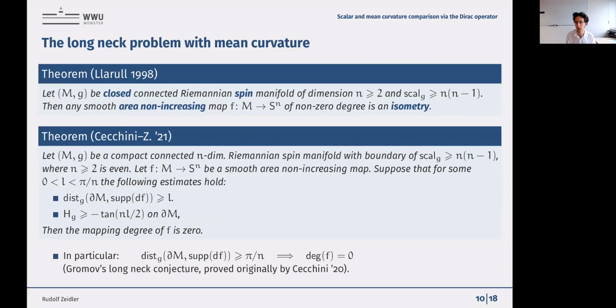Yeah, and this is actually what we're going to assume here implicitly in the following sense. We will assume that again, like before, for a number L smaller than pi over n, the distance between the boundary of the manifold and the support of the differential of the map that we consider is bounded below by L. That means that in the L neighborhood around the boundary, the map is constant, because that means that the differential is zero in this L neighborhood.